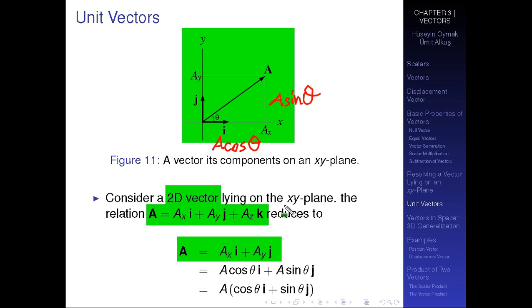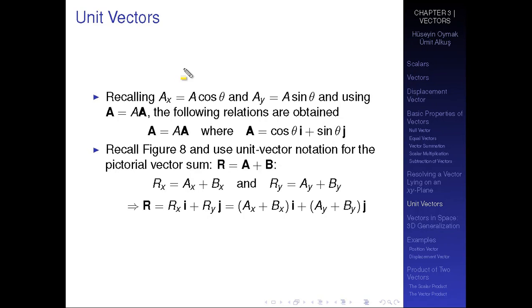Then we obtain A equals A times cosine theta I plus A times sine theta J. Or, taking A outside the parenthesis, we obtain A times cosine theta I plus sine theta J. From the previous discussions, recall that Ax equals A cosine theta and Ay equals A times sine theta.